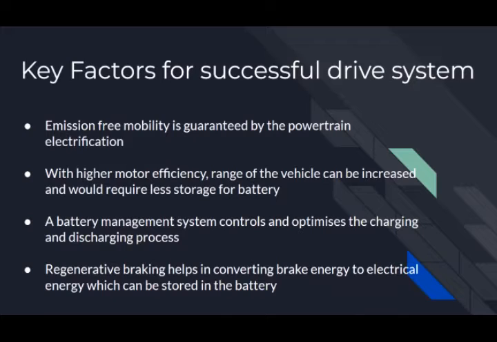To optimize battery lifetime and manage critical situations during operation, battery management systems monitor and control all battery-related processes like charging and discharging, state of health, and cell balancing, to secure the safe operation and long lifetime of the battery. Brake energy can be converted to electrical energy and stored. Purely electric propulsion delivers full torque from the start.